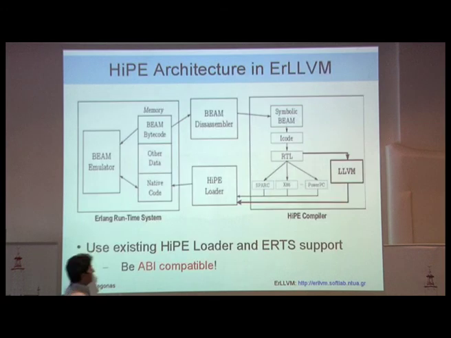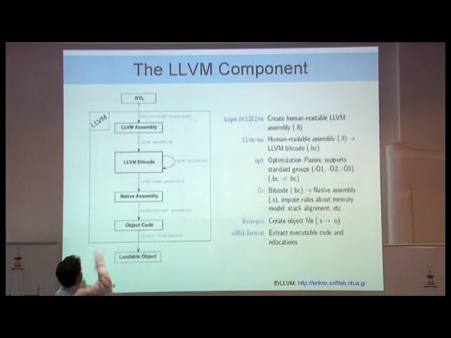Now, the component, what is shown there in the picture as LLVM, is really a bunch of passes. We translate from RTL to LLVM assembly, which is actually humanly readable for those that can read the LLVM, like myself. We can understand what it does.